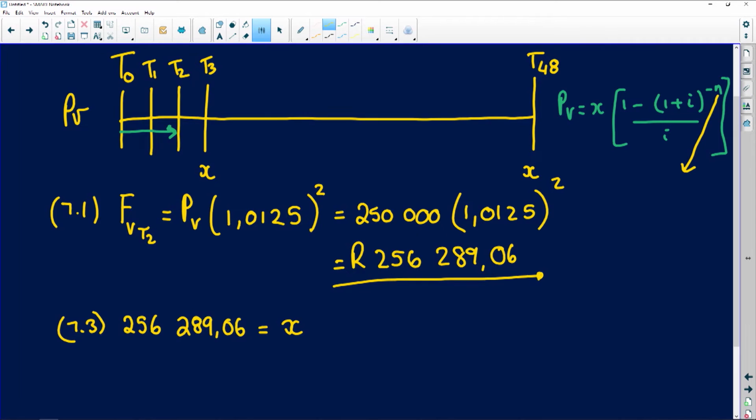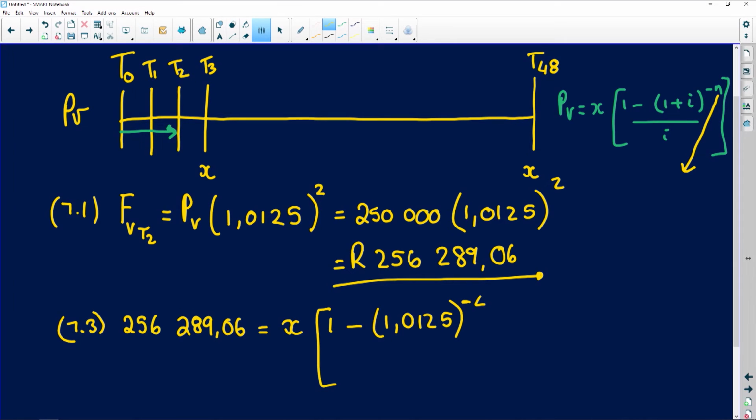In general, the n in the annuity formula represents the number of payments inside the annuity, and that's the catch here. So if we structure our annuity, we get 1 minus 1.0125, which is 1 plus i, and to find this n value, we say it's the top minus the bottom plus 1, like we would have done in a sequence. 48 minus 3 is 45, plus 1 is 46.